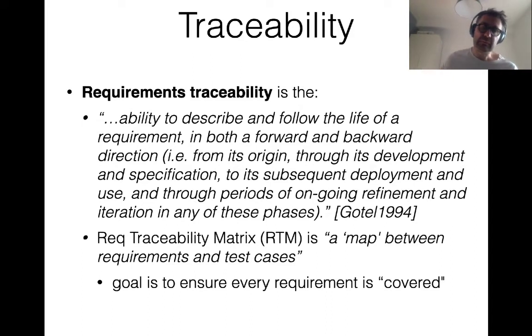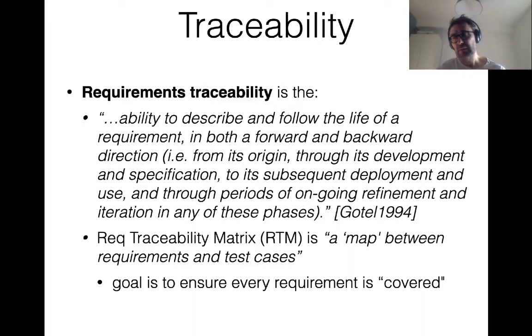Even during deployment, when something goes wrong, can we link the failures back to requirements and analyze what went wrong? By far the most common way of achieving this in practice is the Requirements Traceability Matrix, the RTM, which is a map from requirements to test cases and back.